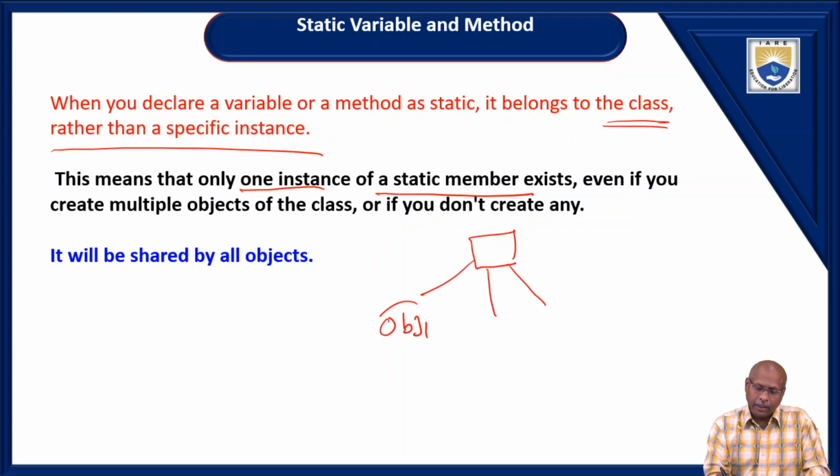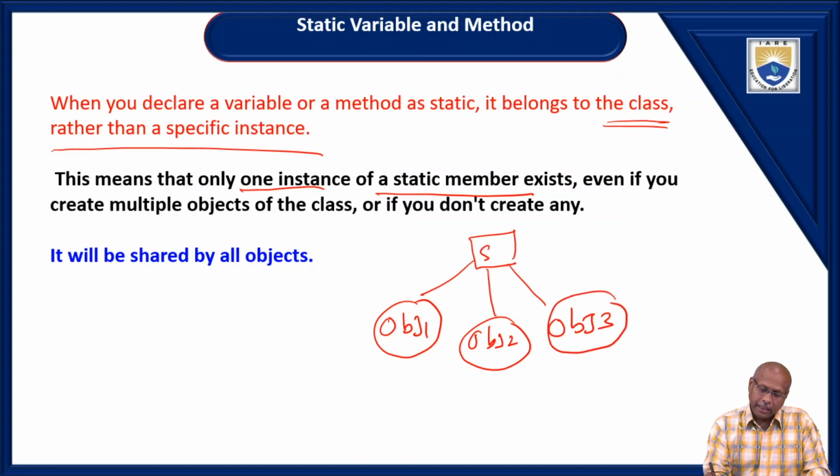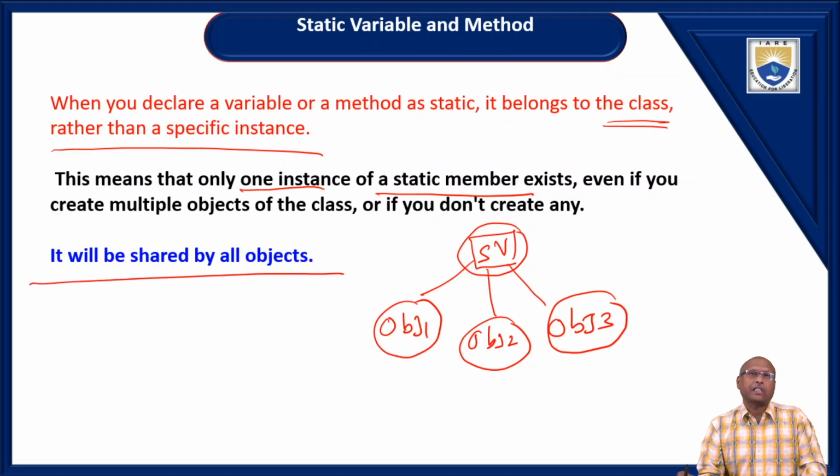This is object 1, this is object 2, this is object 3, and this is my static resource or static variable. This variable will be available in only one place, but shared by all objects. That is the importance of the static concept. So it is shared by all objects.